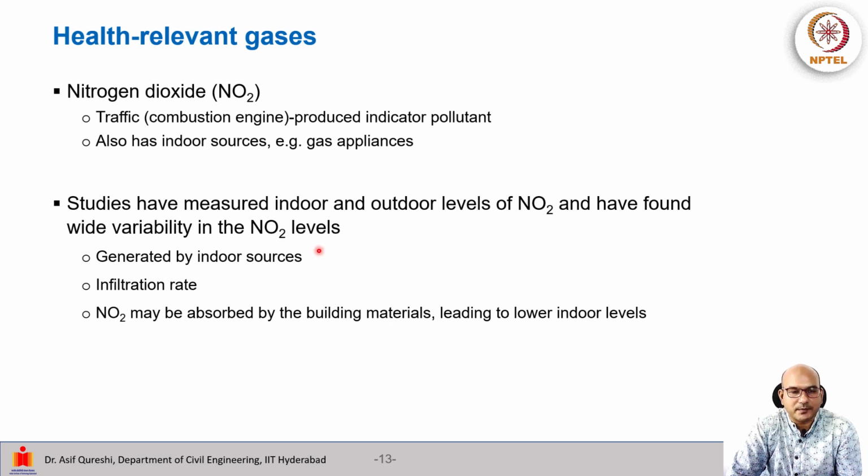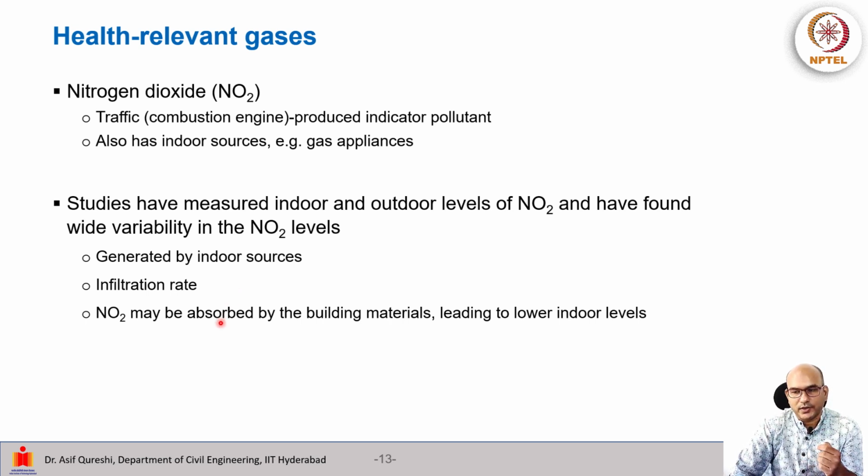Why? Because in some cases they may be generated indoors. So then for the indoor to outdoor ratio, we cannot conclude that this measurement is because of outdoor infiltration or ventilation. Then the relation between indoor and outdoor of course is also dependent on the infiltration rate, because maybe there is no infiltration and then we find a wide gradient in outdoor and indoor NO2.